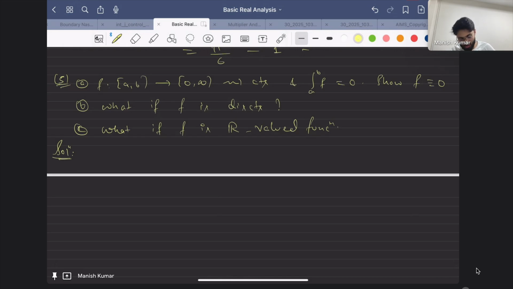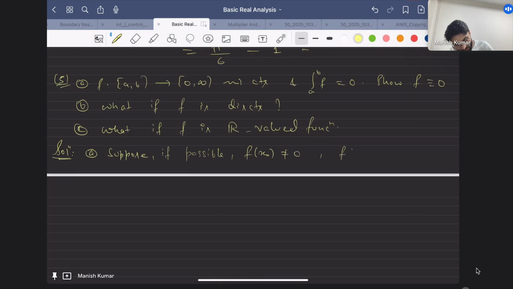So suppose f is continuous. If possible, f of x naught is not 0, so that means f of x naught is greater than 0.